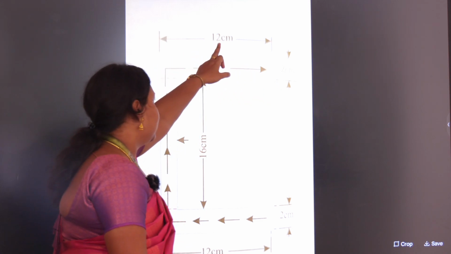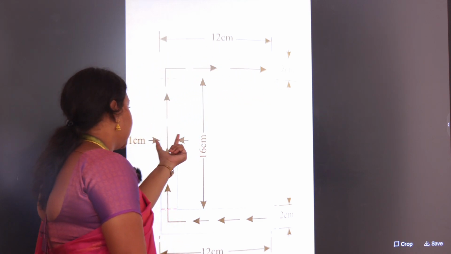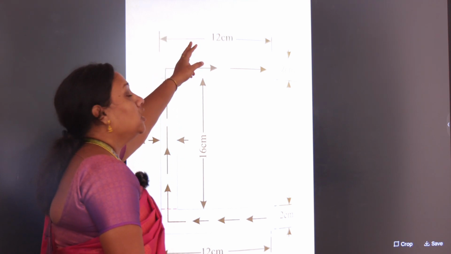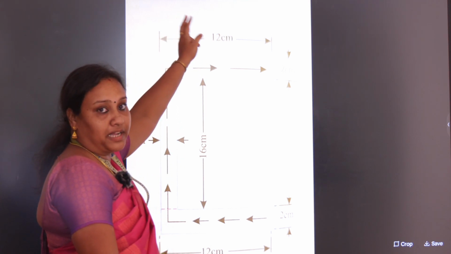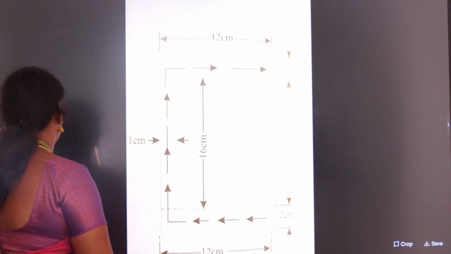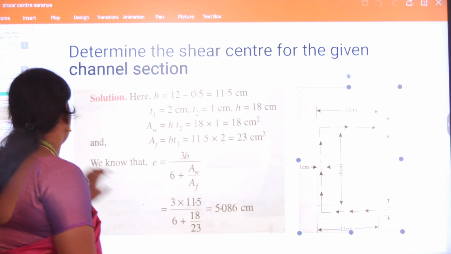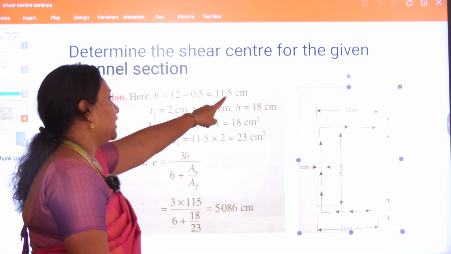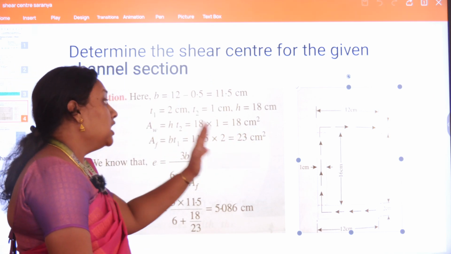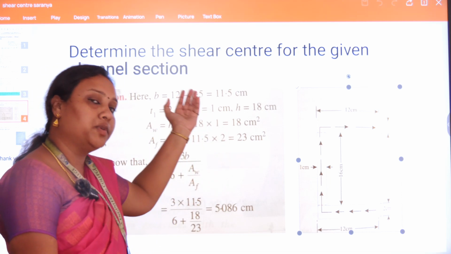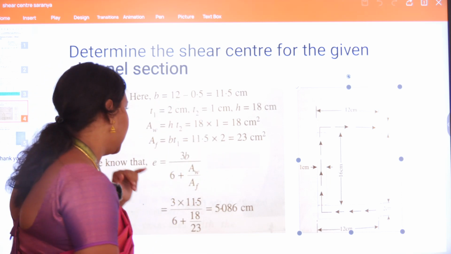So it will be 12 centimeter minus half of the web thickness, that is 1 divided by 2, which is 0.5. So the b value is 12 minus 0.5, that is 11.5 centimeter. Since all the cross-sectional values are given in centimeters, we will proceed with the problem in centimeter itself.